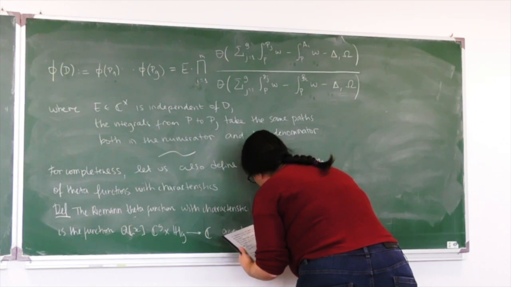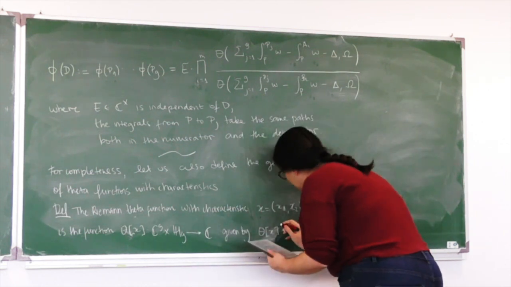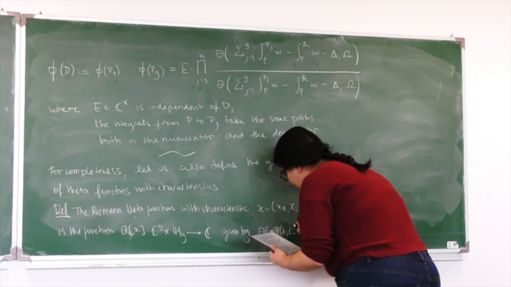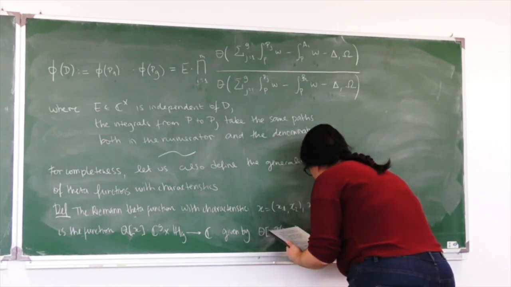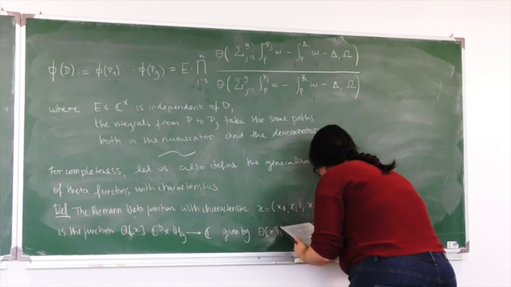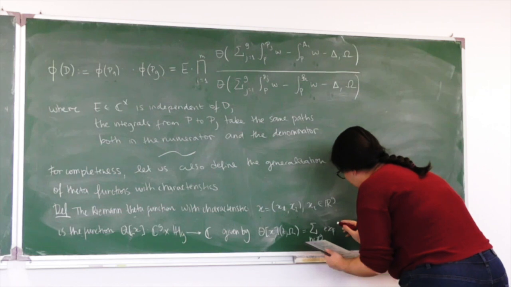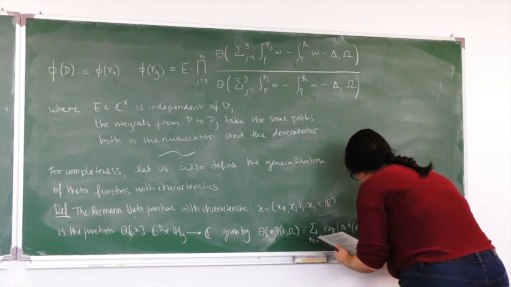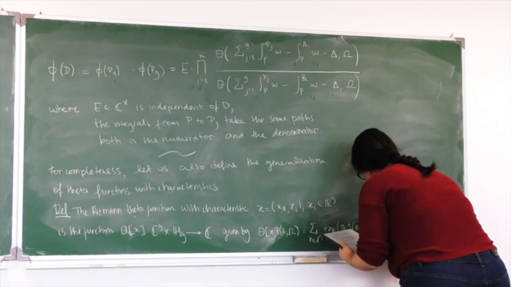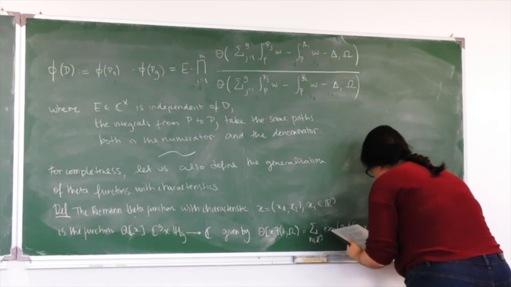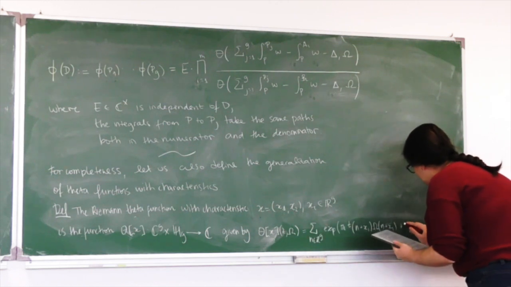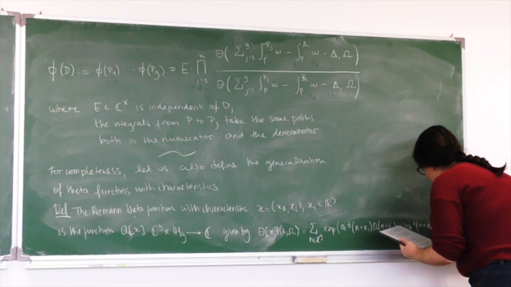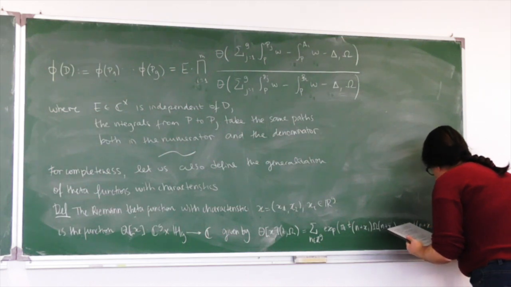Theta of x, z, omega equal to the sum for n in Z^g of the exponential of pi i the transpose of (n + x1) omega (n + x1) plus 2 pi i the transpose of (n + x1) (z + x2).